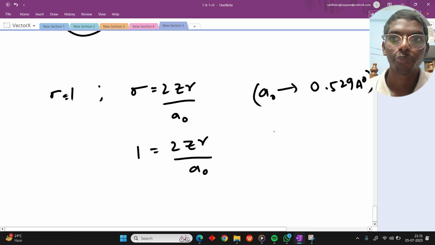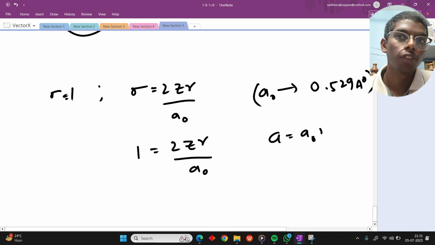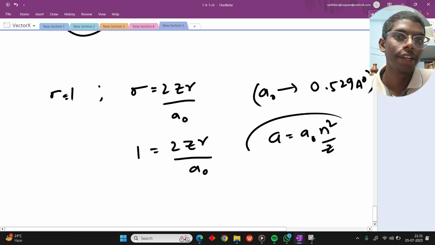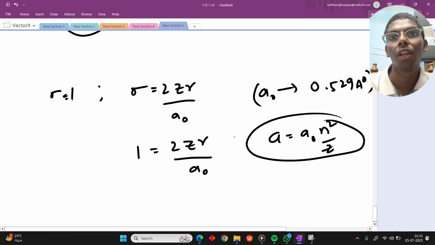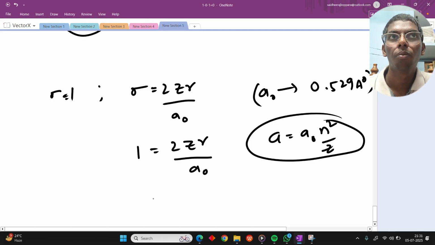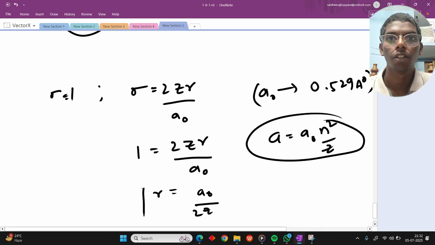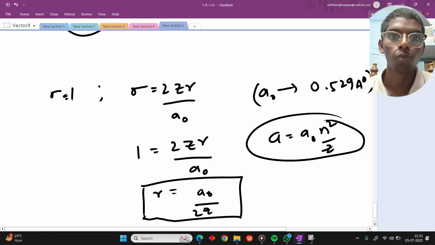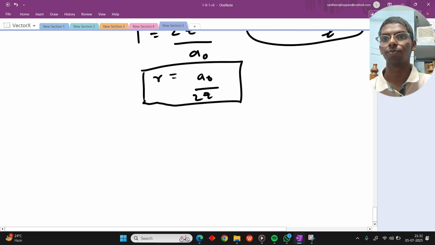Whereas a for He plus might change, because you will have the relation a equals a naught times n square by Z. When you go through Bohr's model, you will find this relation.